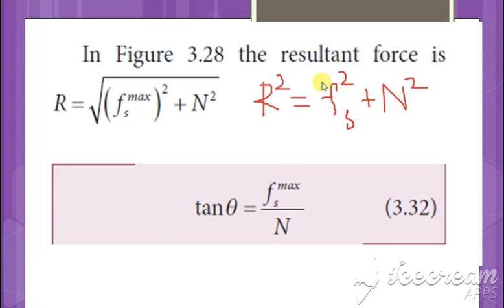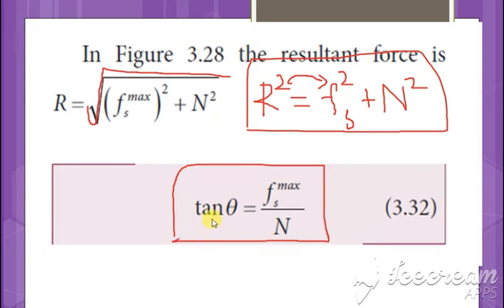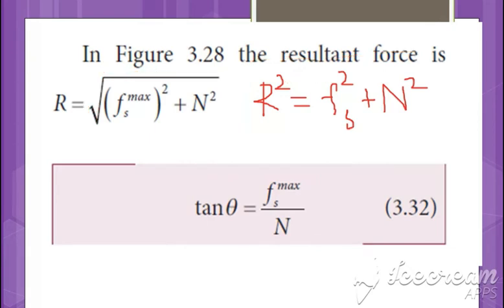Now bringing this square to the other side, it becomes a root. So we are writing it as r is equal to root of fs square plus n square. So this is one equation. Next, as I have told you, from that same diagram we write tan theta is equal to fs divided by n. So we take these two equations as they are.